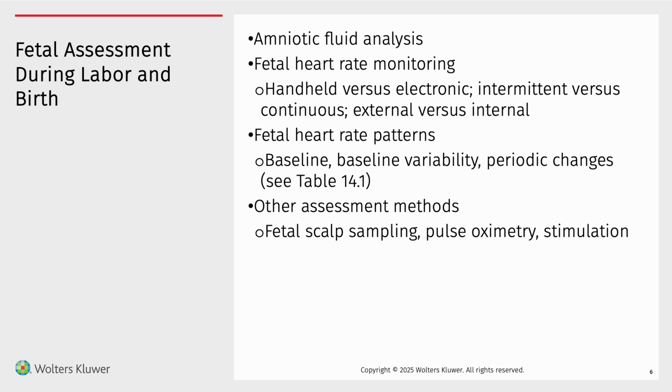When we interpret fetal heart rate patterns, we look at several components: the baseline heart rate, which should fall between 110 to 160 beats per minute, and baseline variability, which reflects the health of the fetal autonomic nervous system.